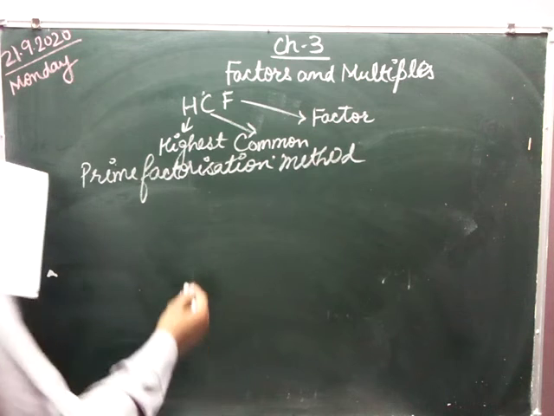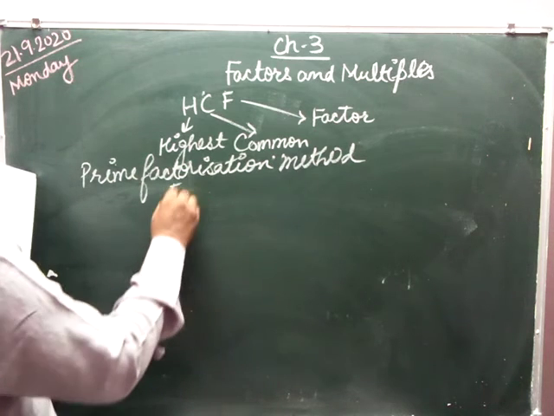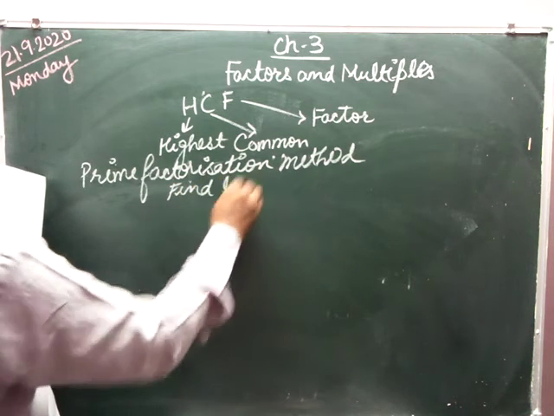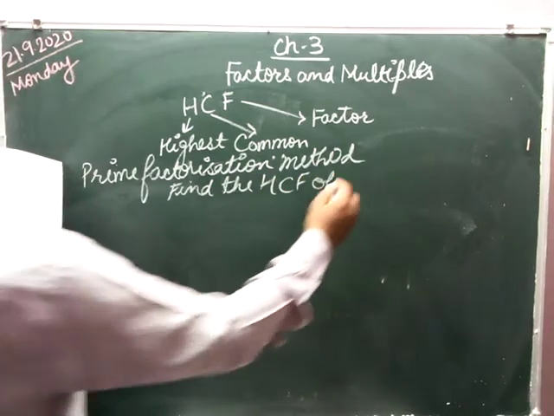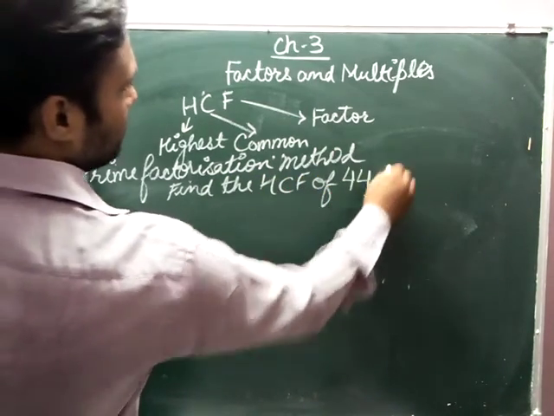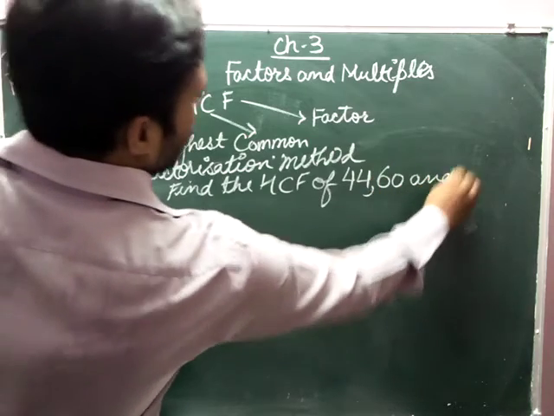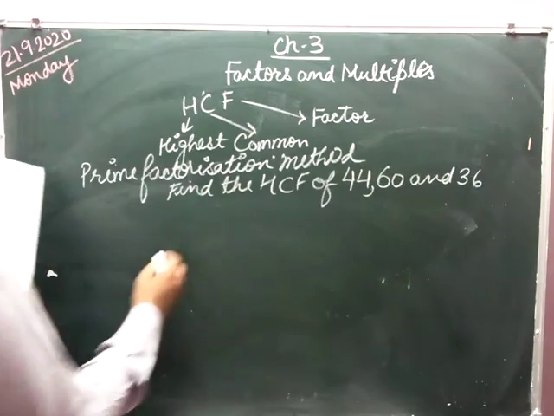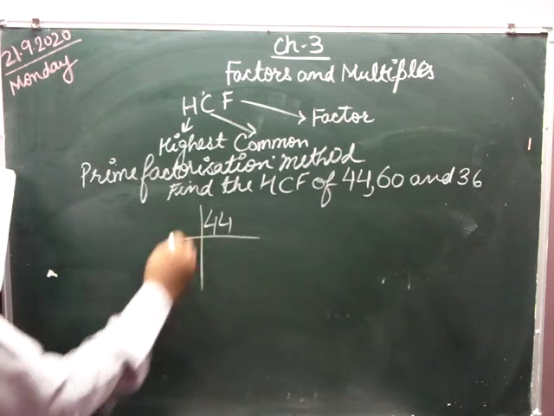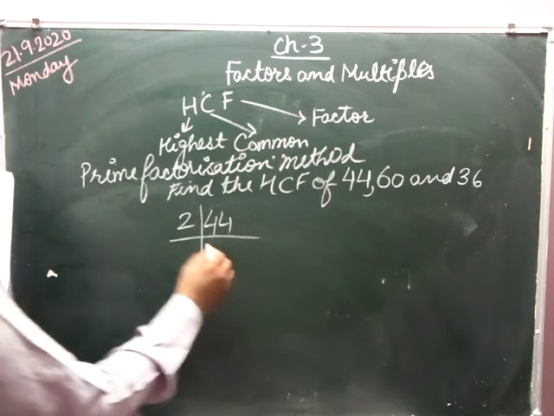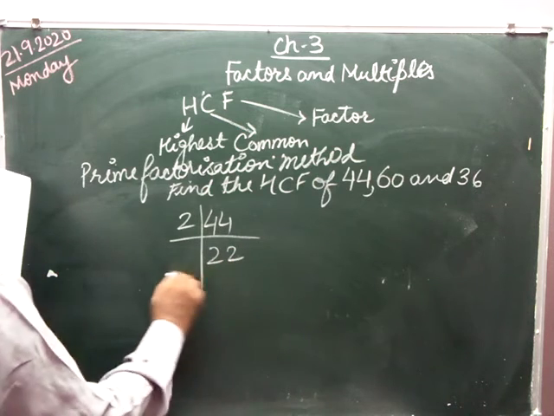Suppose we have to find the HCF of 44, 60 and 36. For the factors of 44 with the help of prime factorization, 44 is divisible by 2, we got 22.